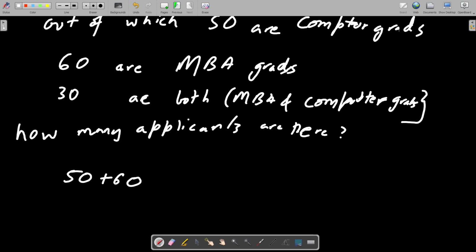They have an MBA degree also. So that person is getting counted in this set and also in this set, the people who have both degrees. Because of that, I have to subtract them once. So I have to subtract them out. This will leave you with 50 plus 60 minus 30, 80 applicants.